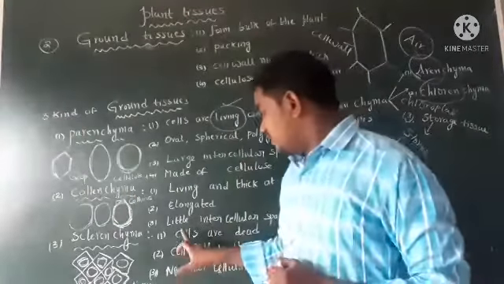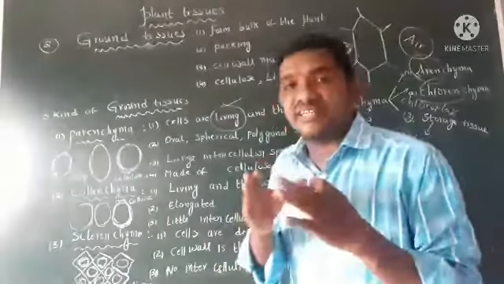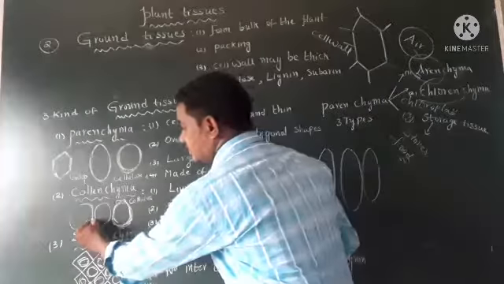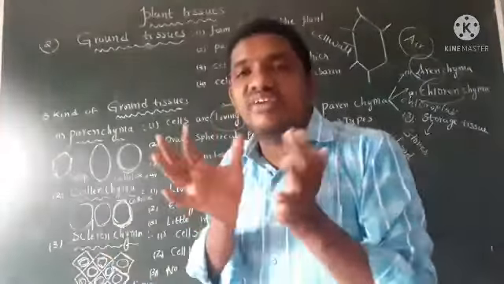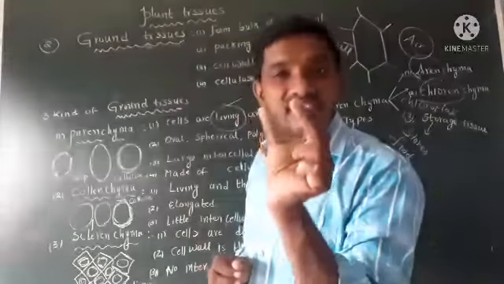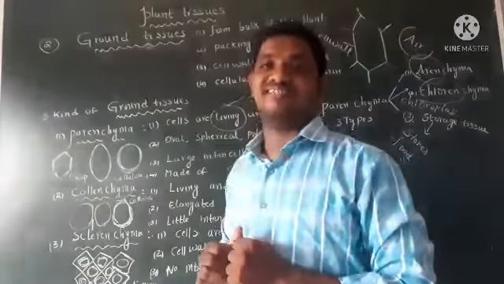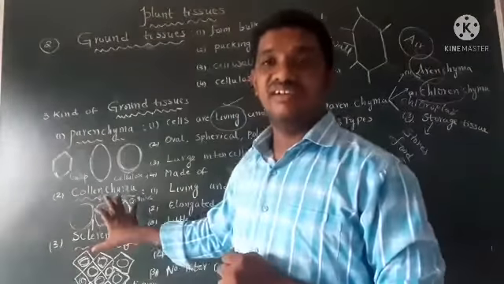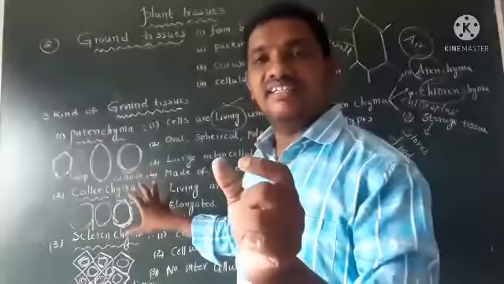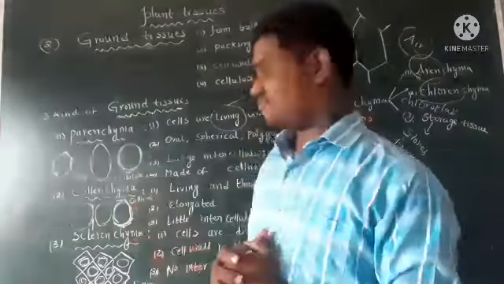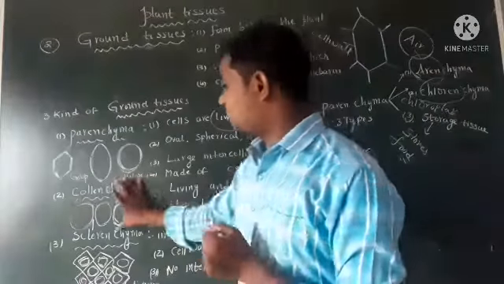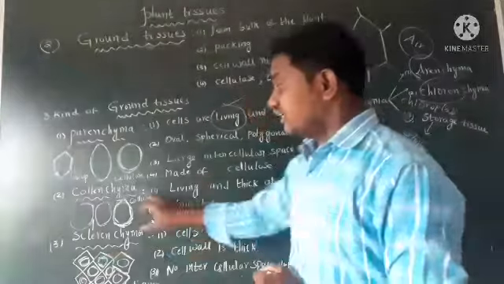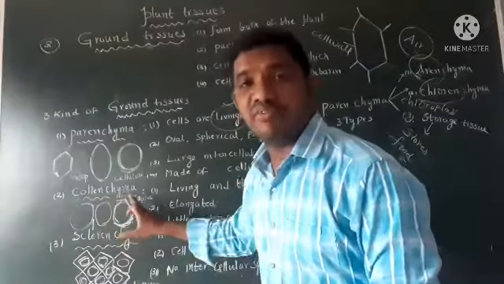Third one, little intercellular space is present. See here, the gap between two cells is very little. Very little space is present between the two cells. That is called little intercellular space. This belongs to collenchyma. Again, the cell wall is also made up of cellulose only.